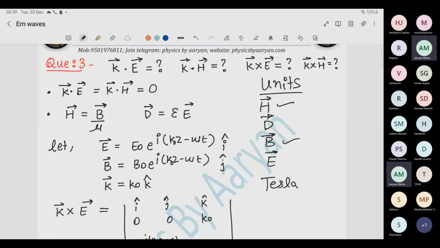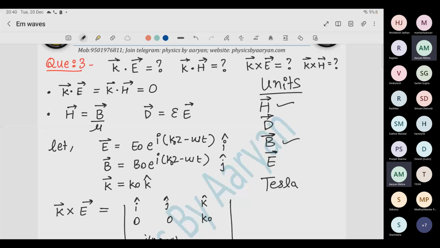So the second thing which you should think about is that when I say you apply the magnetic field, do you apply H or do you apply B? B, sir. How many of you say you apply B? Tell me. Because H is a mathematical quantity, it has no physical existence.